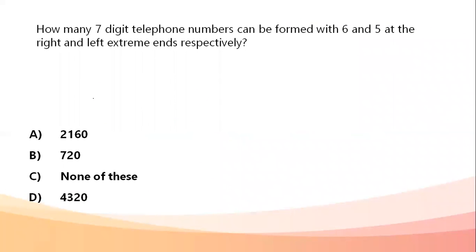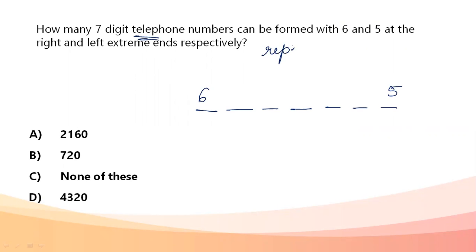Next question. How many 7-digit phone numbers can be formed with 6 and 5 at the right and left extreme ends, respectively? Now a 7-digit number needs to be formed. 6 is fixed, 5 is fixed. One thing with phone numbers is that repetition is allowed.